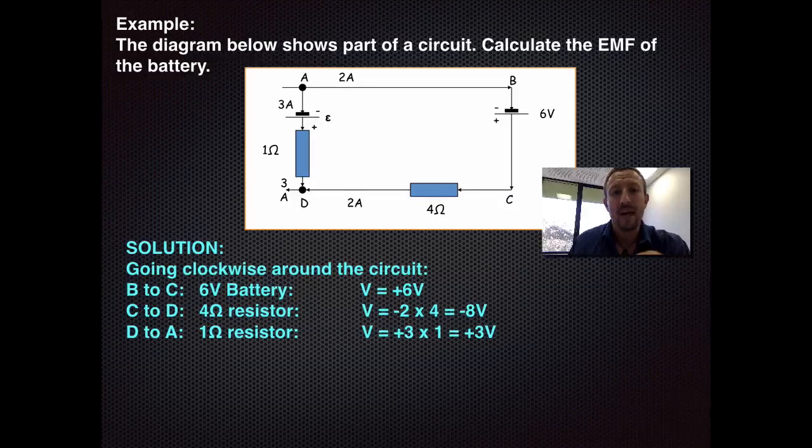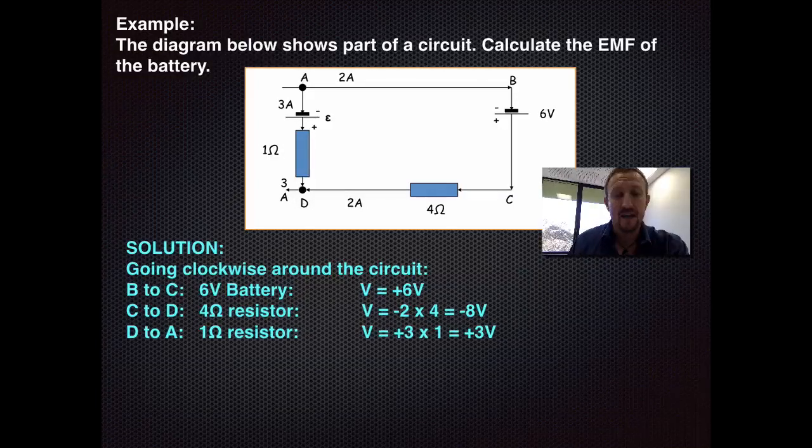But look, as I go from D to A, I'm going against the current. Remember when I'm going with the current, it's negative, it comes out. So if I go against the current, I'm gaining energy, I'm going upstream. The result is I've got a positive 3 volts.